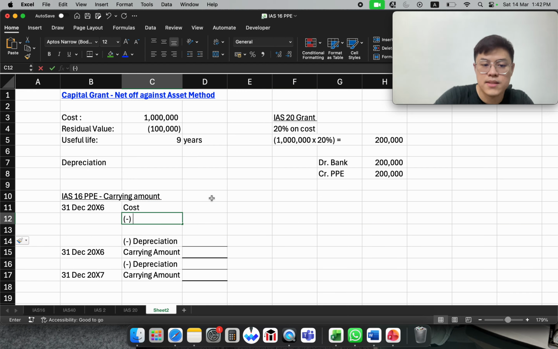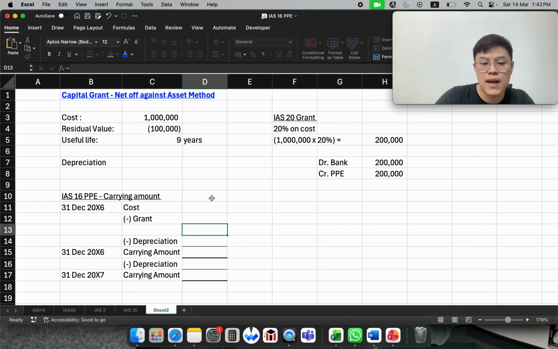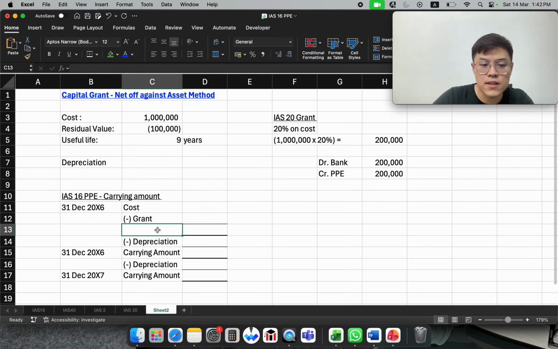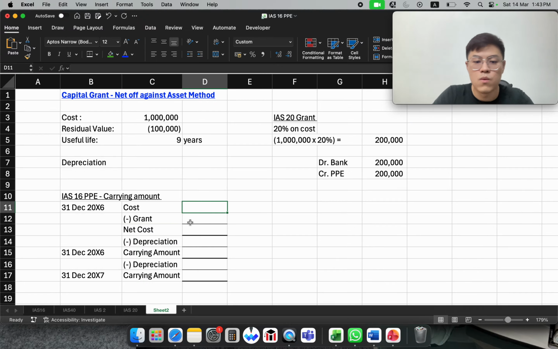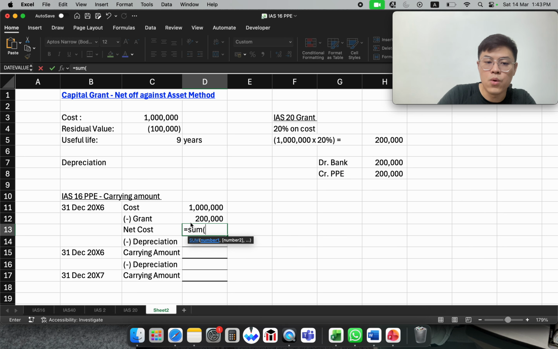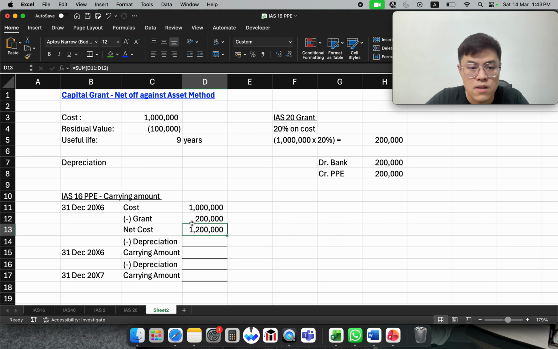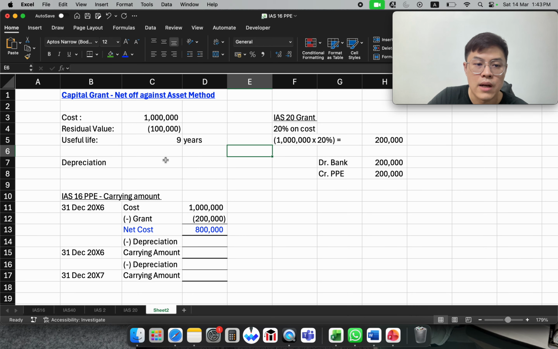So we minus the grant, and the net cost after the grant is 1 million minus 200k, so we start at 800k, and this is the amount that we are going to depreciate over the 9 years.